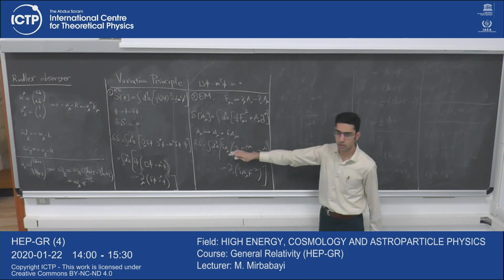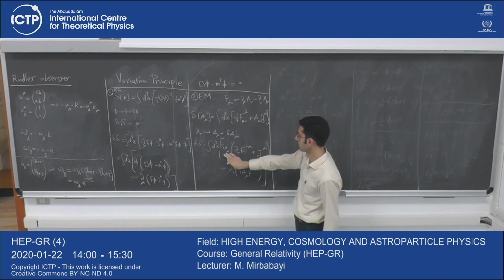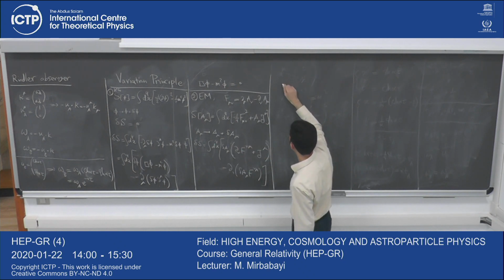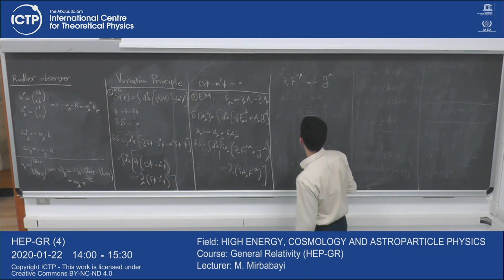And therefore we require that the variation of the action is equal to 0 for arbitrary localized δA. It gives us the Maxwell equation ∂_ν F^νμ is equal to minus J^μ.